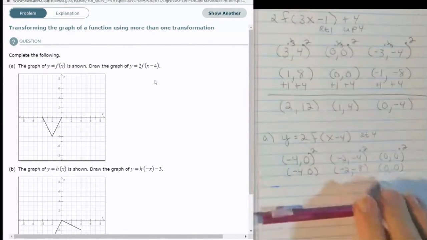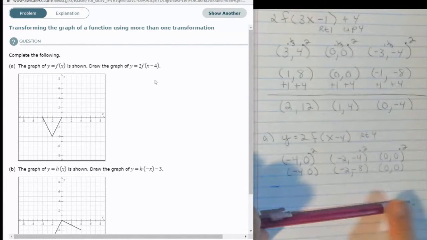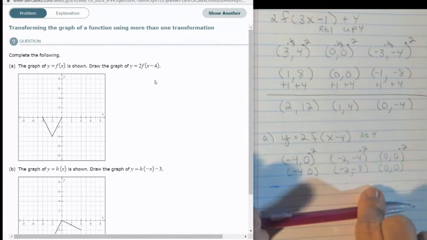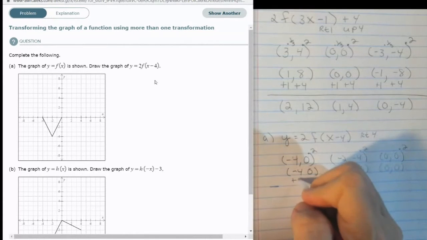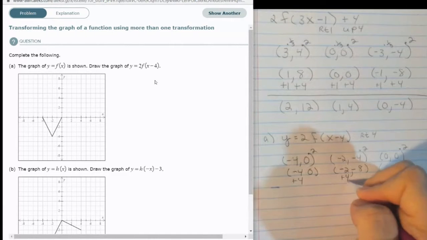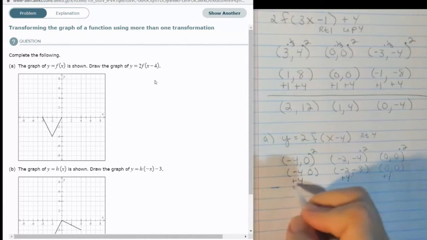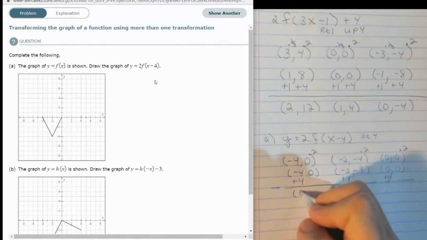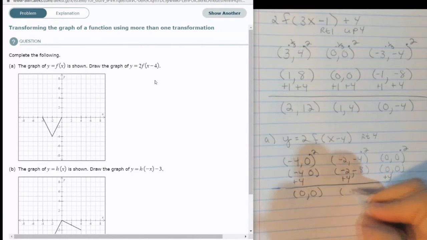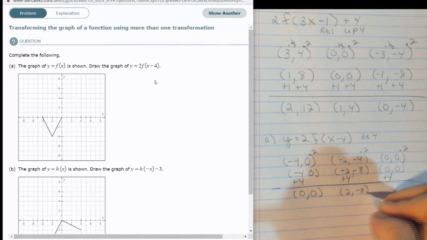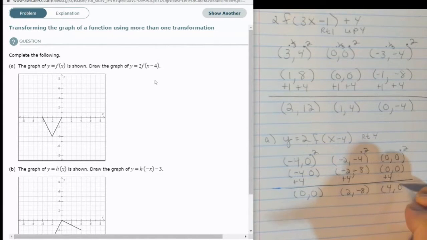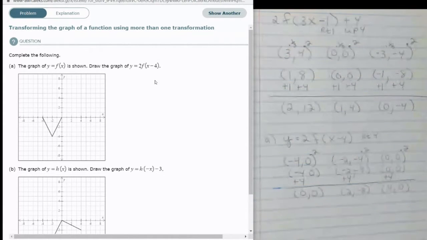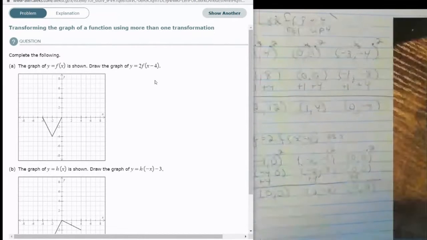If you think about the x-axis, when we move right 4, we're adding 4 to the x value. So we get (0, 0), (2, -8), and (4, 0). And then you would plot those points and it will graph it for you.